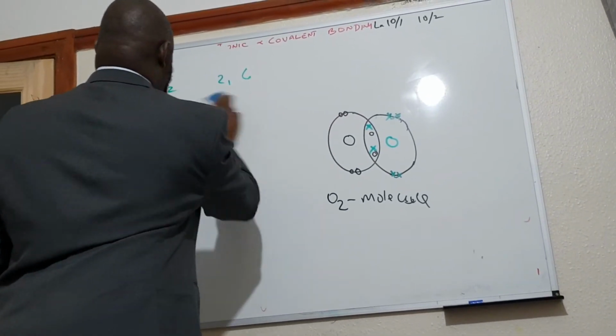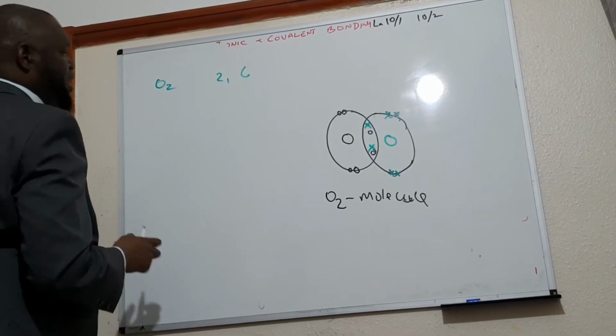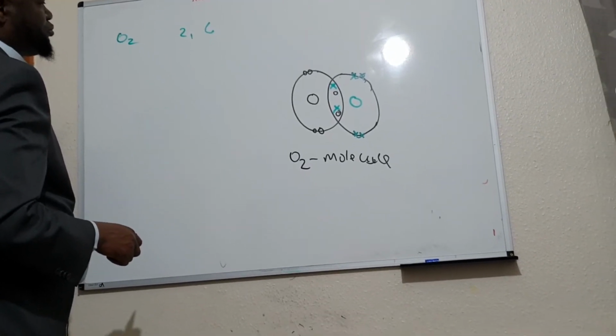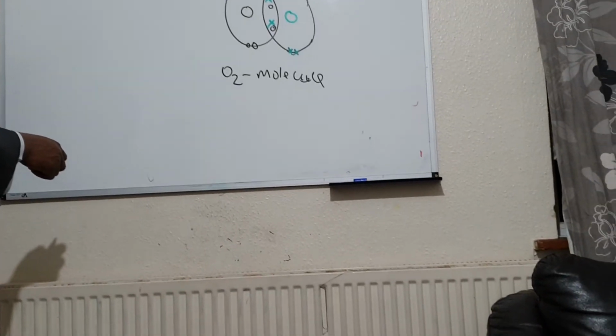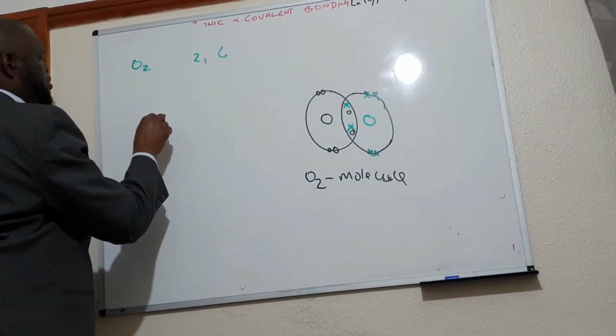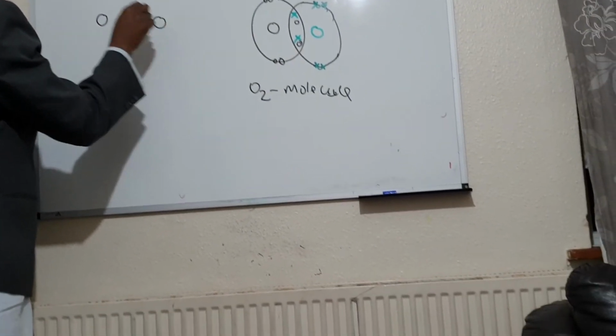And there's another way you can demonstrate it, by looking at only the dots. So we have one oxygen here, one oxygen here. They share.